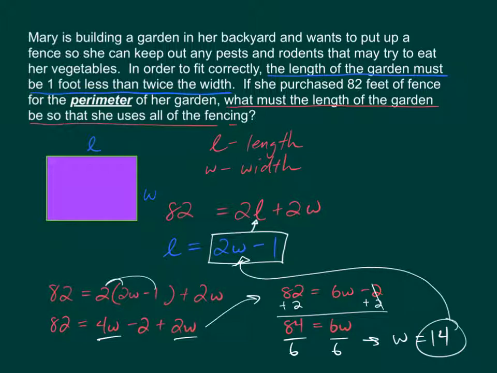And that will give us that the length is 27, and our units are feet, as we mentioned earlier. So the length is 27 feet, and just for good measure, the width is 14 feet.